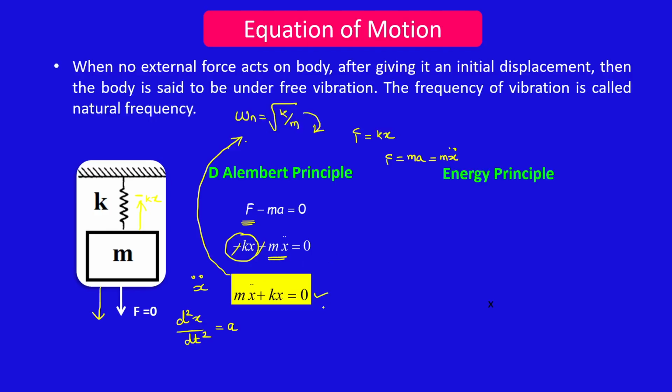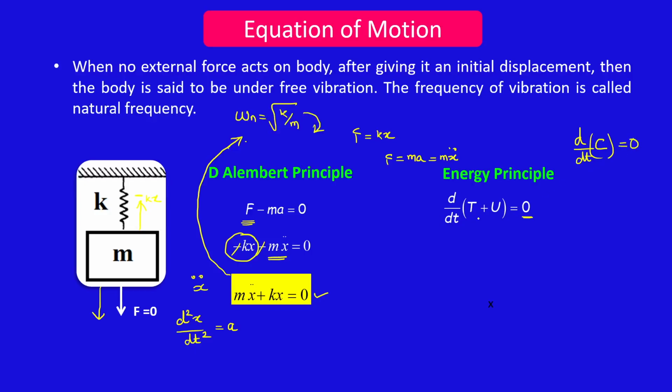There is another method, the energy principle. You can find the same equation using the energy principle. Let's see how to solve using the energy principle. Total energy of the system is constant. So when you differentiate total energy, you will get 0, because d by dt of a constant is 0.